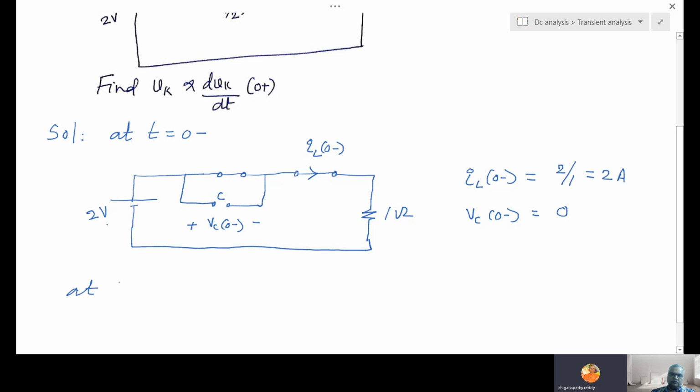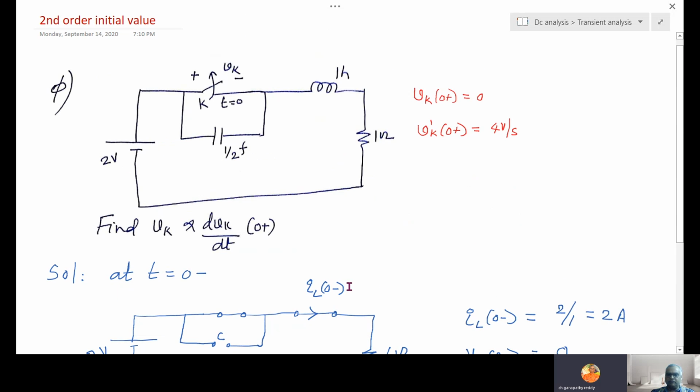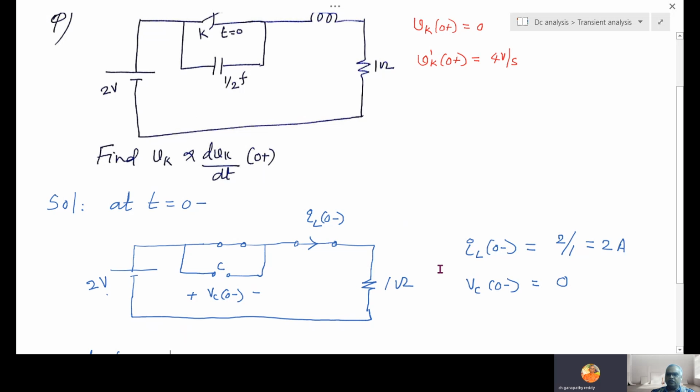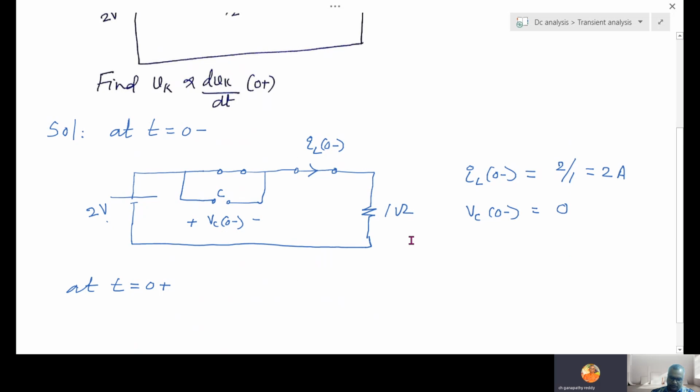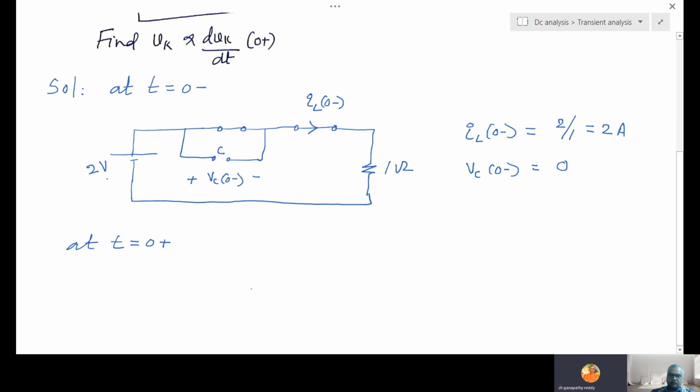Next at t equal to 0 plus. We solve so many problems using this concept. We are drawing equivalent circuits at 0 minus, 0 plus, infinity, and so on. So by this time, you should get confidence. At 0 plus the switch is open. Replace the capacitor with a voltage source, but what is its value? 0.